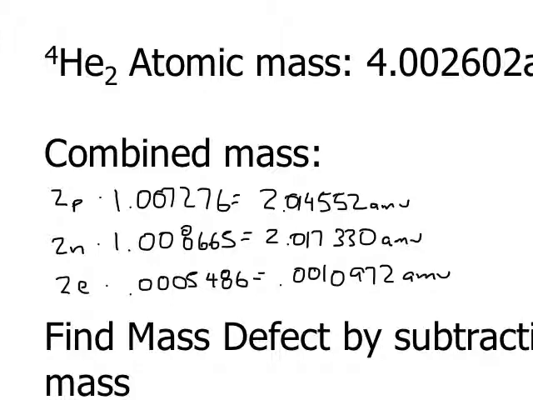At this point, we have the weight of the protons, the neutrons, and the electrons. We're simply going to add all of these up to get the combined mass.